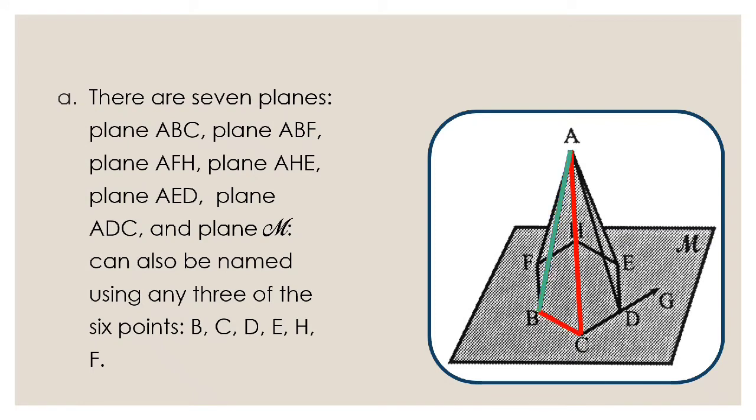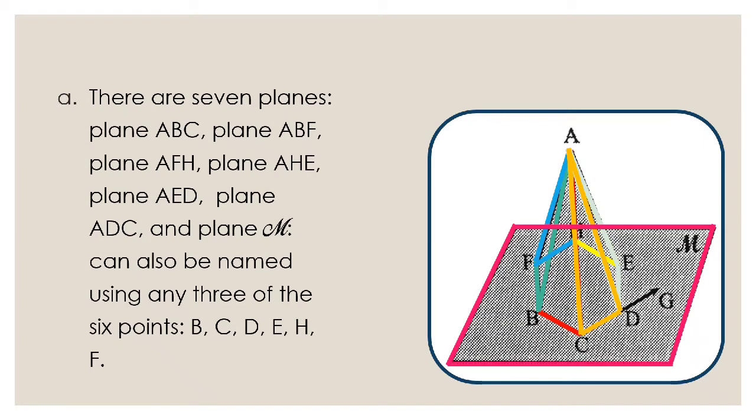We also have plane ABF, plane AFH, plane AHE, plane AED, plane ADC, and lastly, plane M. Or you can also name it using 3 of the 6 points B, C, D, E, H, and F.